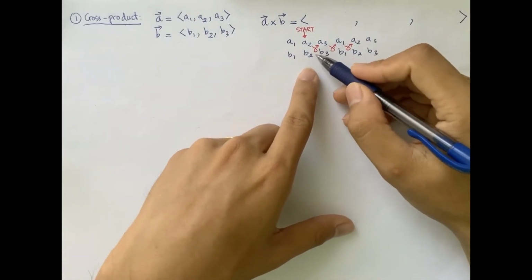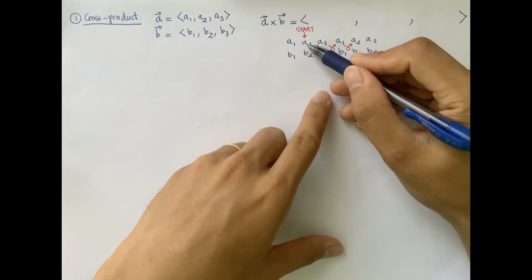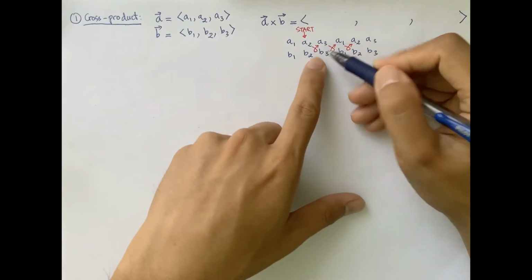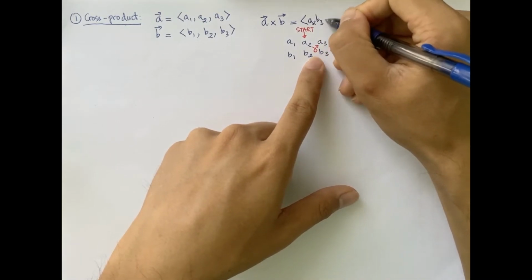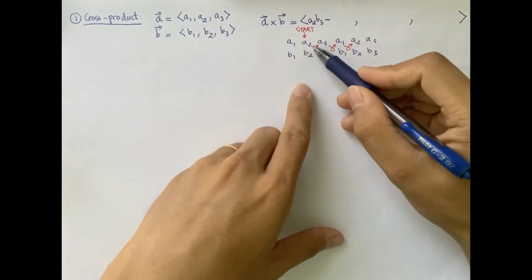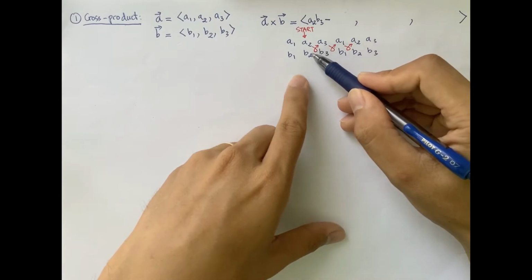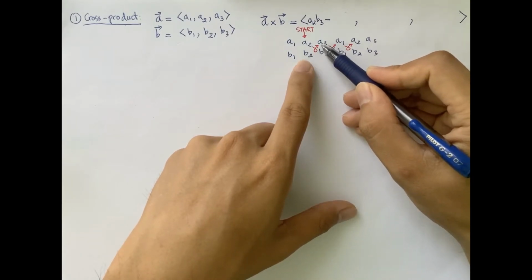The first clockwise gamma means you multiply A2 and B3, then you subtract B2 times A3.